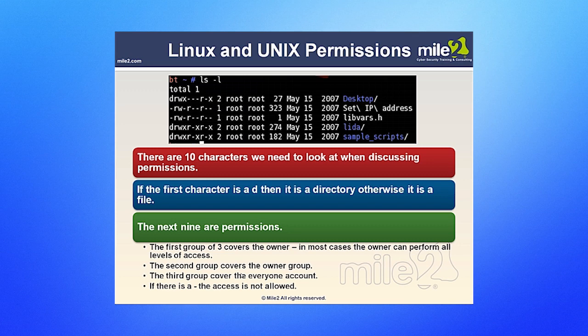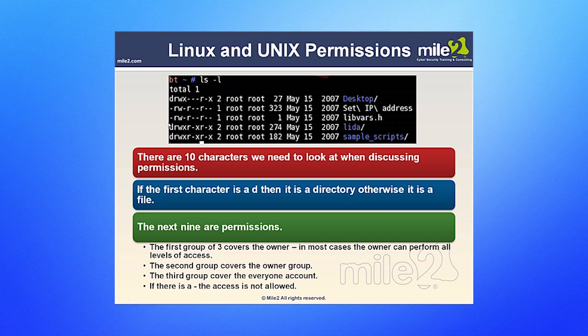And with this, when you look at these permissions, you actually have groupings. And with this, realize after the D, we'll look at the one that says Lida. Lida, it is a directory. And then you have RWX, read, write, execute. That is effectively owner.